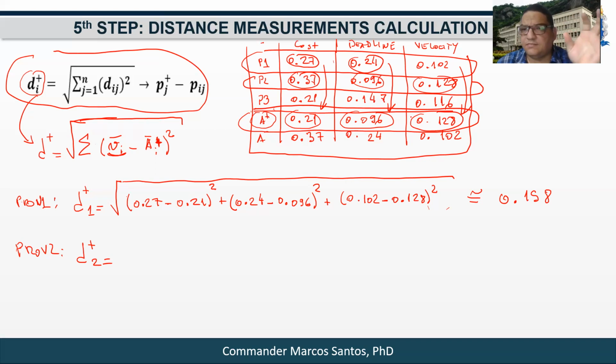Exactly the same way. So we have the square root, 0.37 here, minus 0.21.